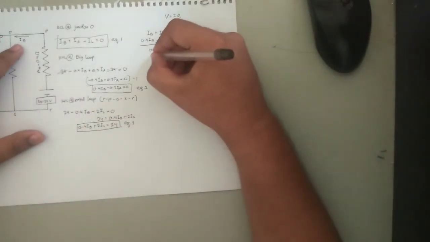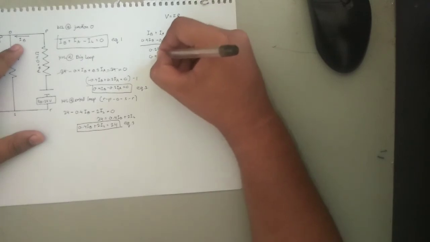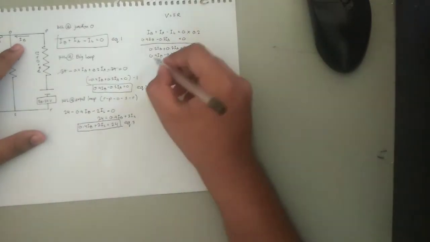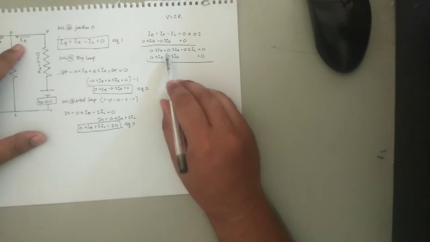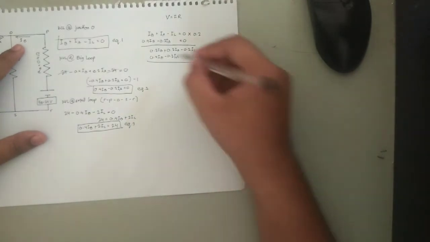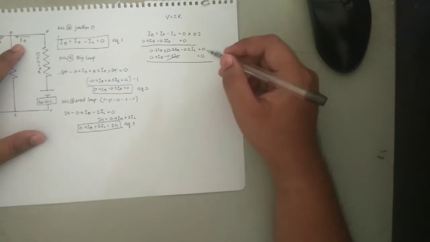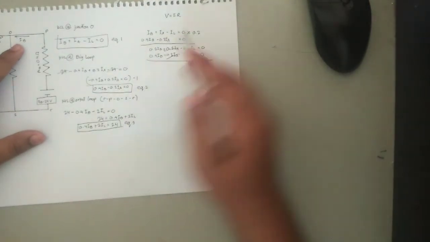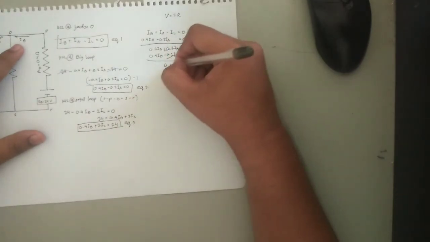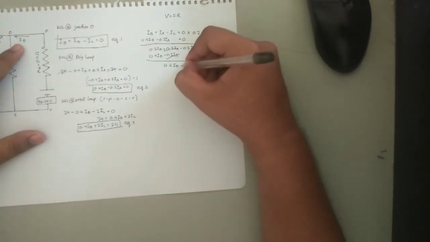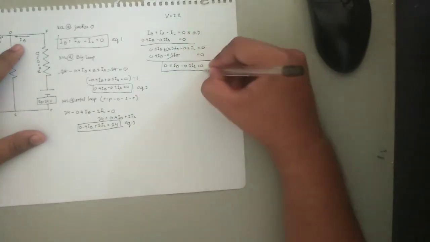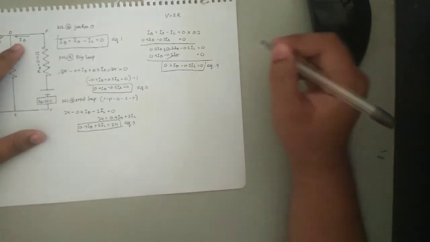Okay, and if I'm going to input the equation number 2 here, so this one, positive 0.2 IA and negative 0.2 IA will cancel out. So we're going to be left with 0.2 IB, 0.4 IB. So you're going to add those. That's going to be 0.6 IB and then bring down this one. So this is our equation number 4.